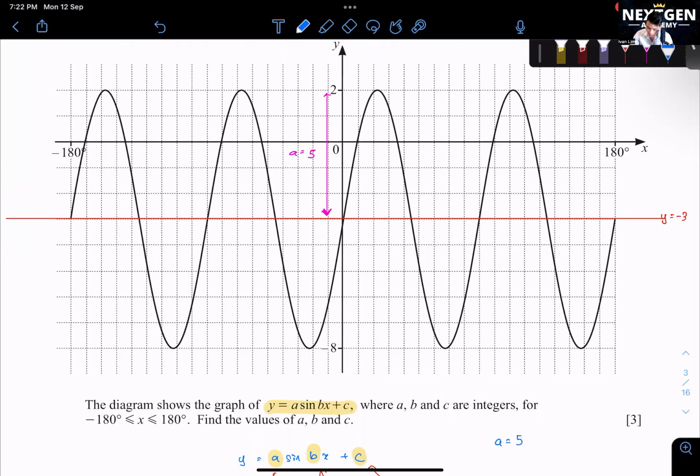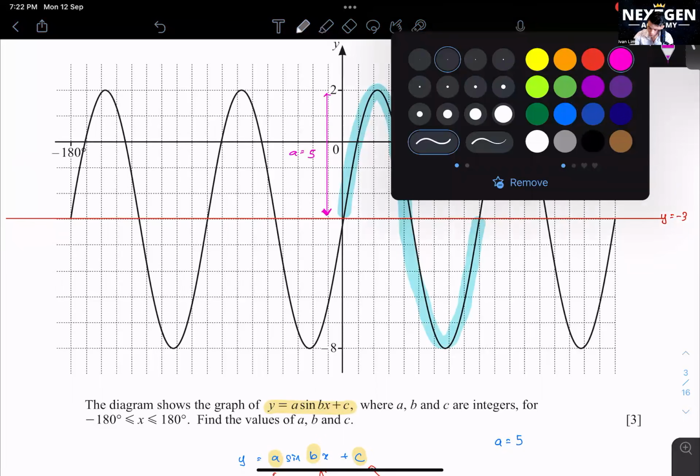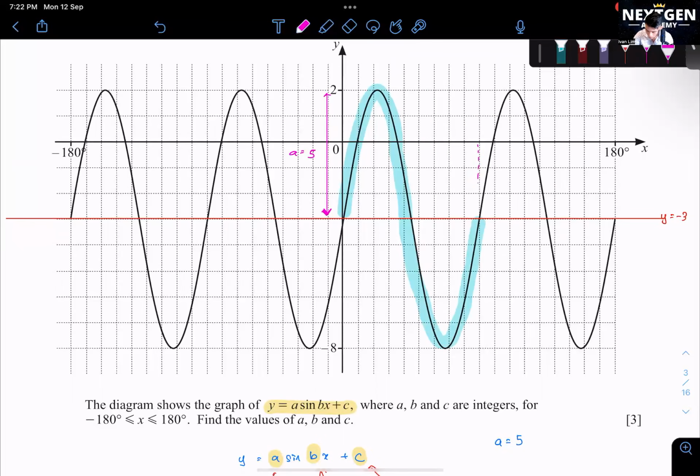Second one is period. Period means completing one whole cycle. One whole cycle of a sine graph, this is one complete sine graph, I get 90 degrees.